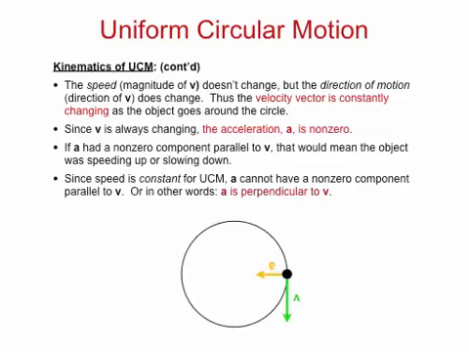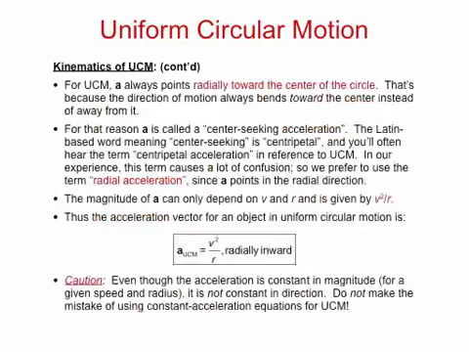In other words, the acceleration vector of an object in uniform circular motion is always perpendicular to the velocity vector. And since the velocity vector is tangent to the circle, the acceleration vector, which we now know is perpendicular to velocity, lies along a radial line always pointing toward the center of the circle.